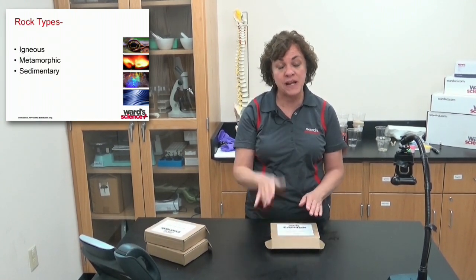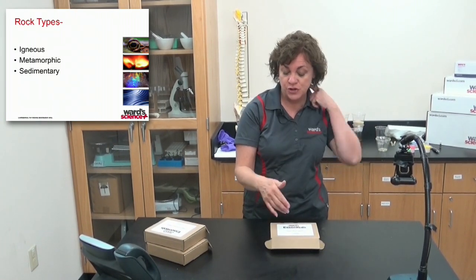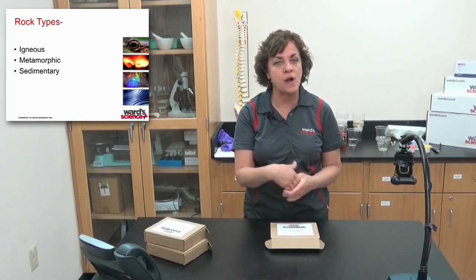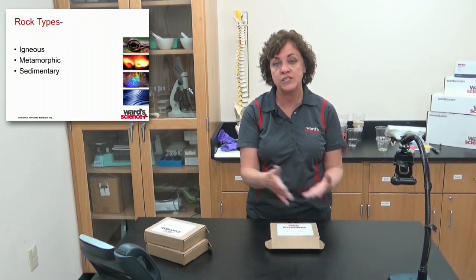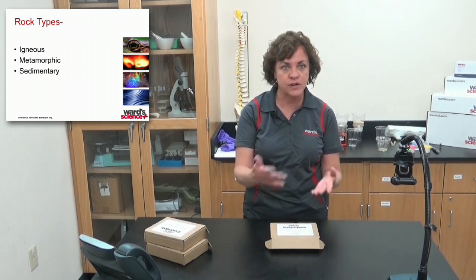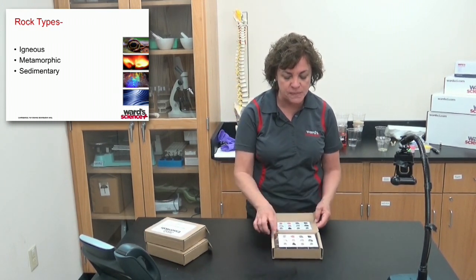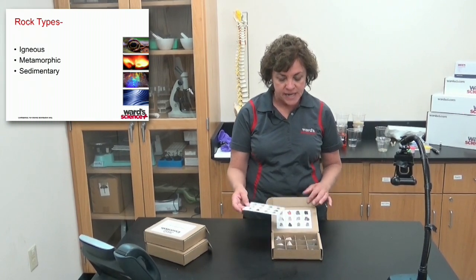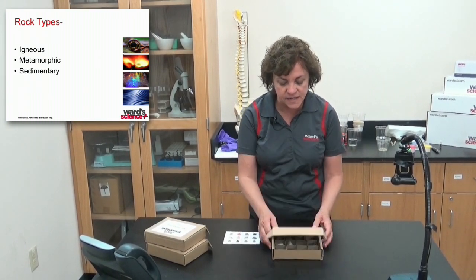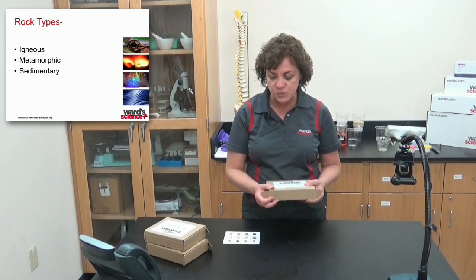Now, because you've identified these minerals, you're going to look at different rocks that these minerals go into, or that the rocks are composed of the different minerals that you just talked about. So the first one we're going to talk about is igneous. And igneous essential kit. Again, there's 12 of them.